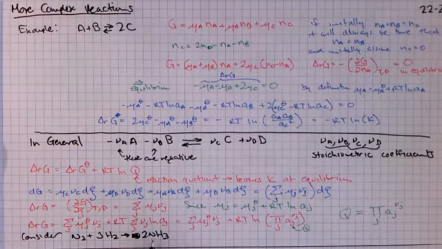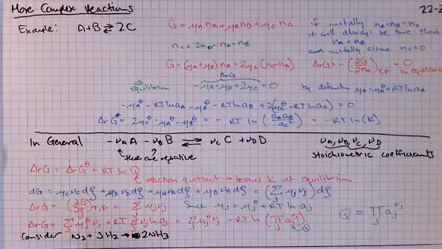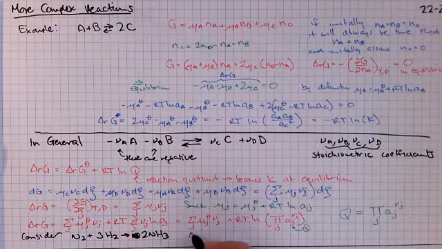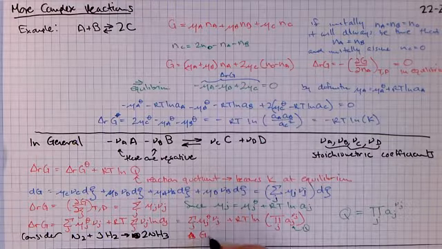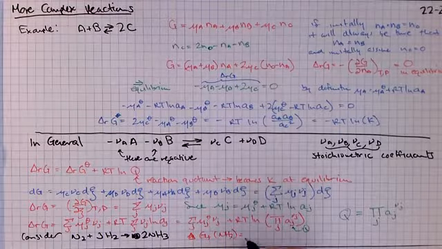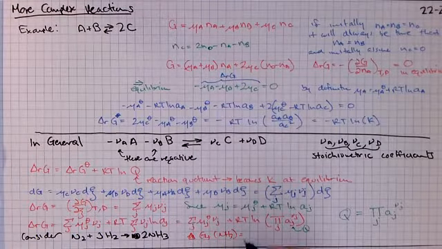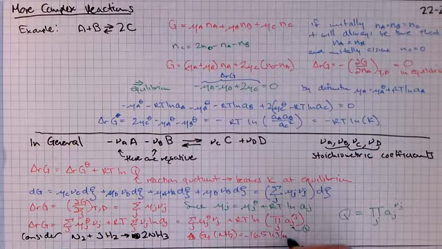So by convention, the free energy of the elemental or equilibrium elemental gases is 0. So we could look up the free energy of formation of NH3, and we would, on a table, find 16.5 kilojoules per mole.